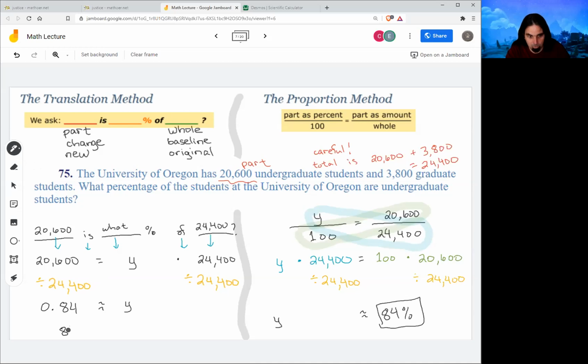And then you would use Riplop to make that 84%, going right into percent. Okay, everyone happy with whichever way you did it? Yeah.